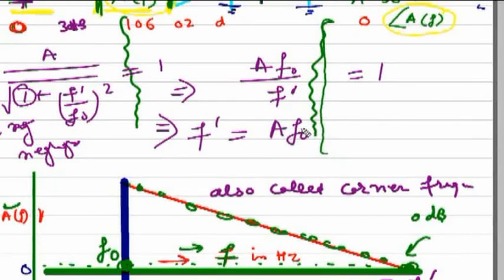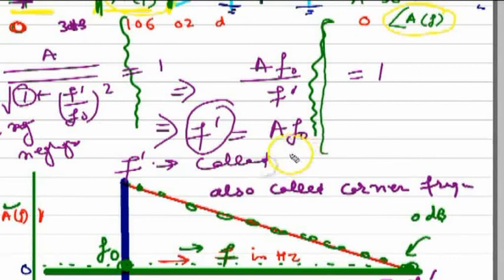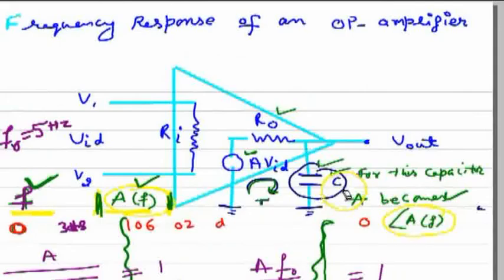So F dash is that frequency where the gain in decibel reduces to 0, called the unit gain frequency. It means it is that frequency where the magnitude of the gain becomes equal to 1.